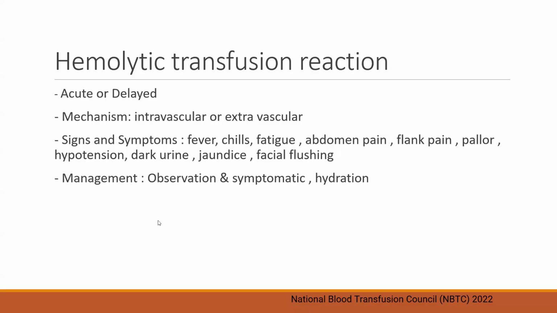Here are some signs and symptoms in hemolytic transfusion reactions: fever, chills, fatigue, abdominal pain, flank pain, pallor, hypotension, dark urine, jaundice, and facial flushing. In the majority of transfusion reactions, management is based mainly on symptomatic treatment. In hemolytic transfusion reactions, management is observation and symptomatic care, and we will give hydration.